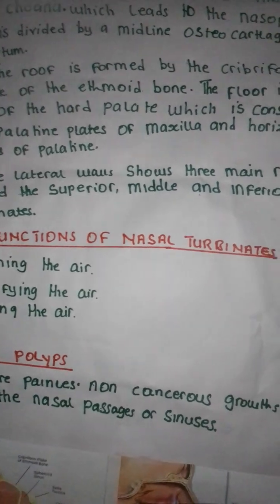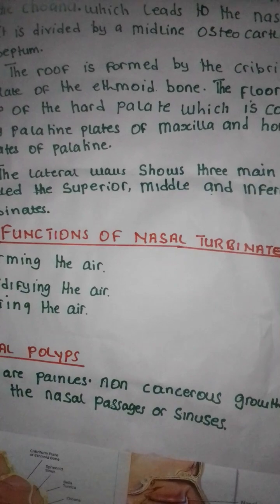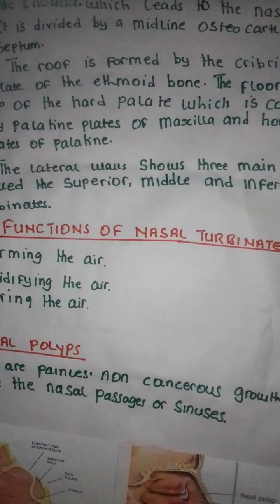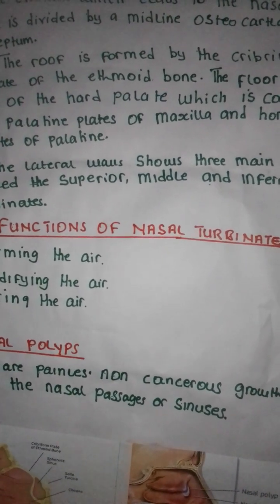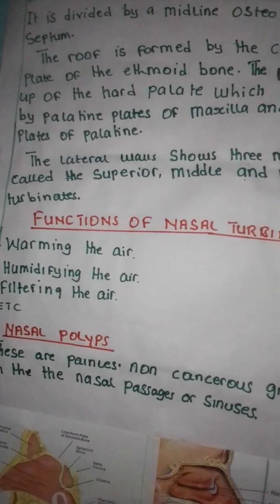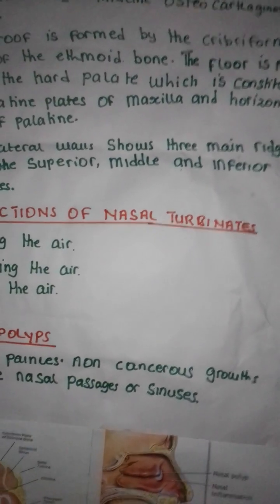The floor is made up of the hard palate, which is constituted by the palatine plates of the maxilla and the horizontal plates of the palatine. The lateral walls show the main ridges called the superior, middle, and inferior turbinates.